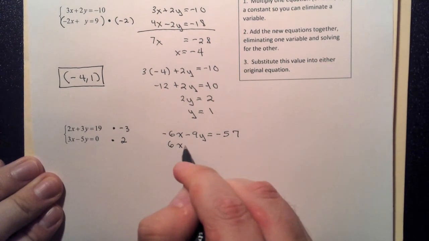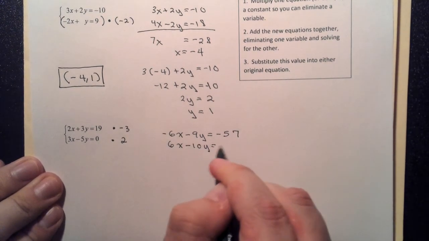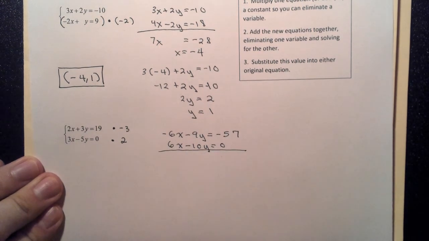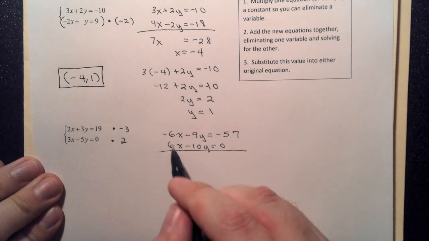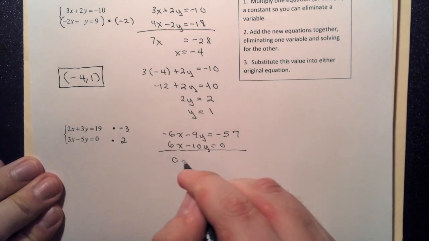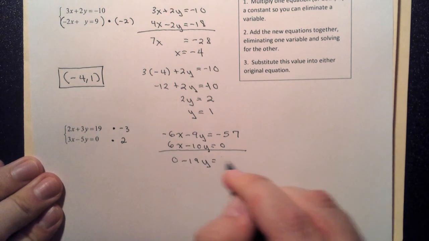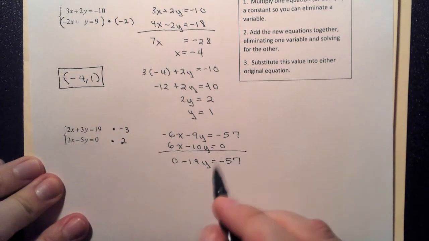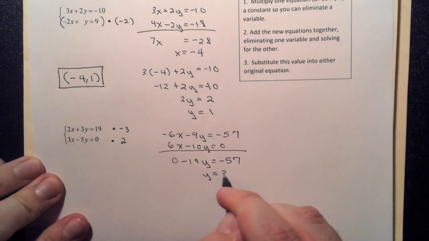Down here I would have 6x minus 10y is equal to 0. Adding these, I eliminate the x's. This is 0. Minus 19y is equal to negative 57, which means that y is equal to 3.